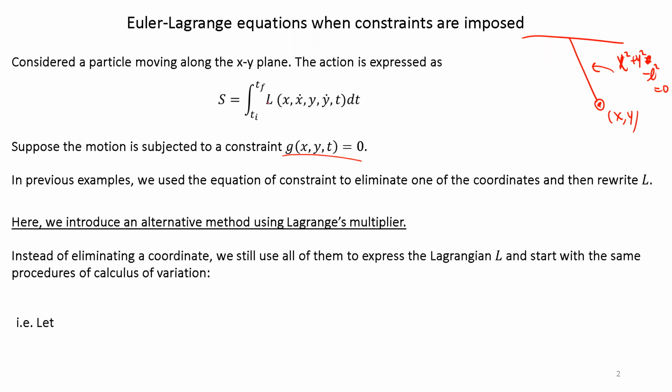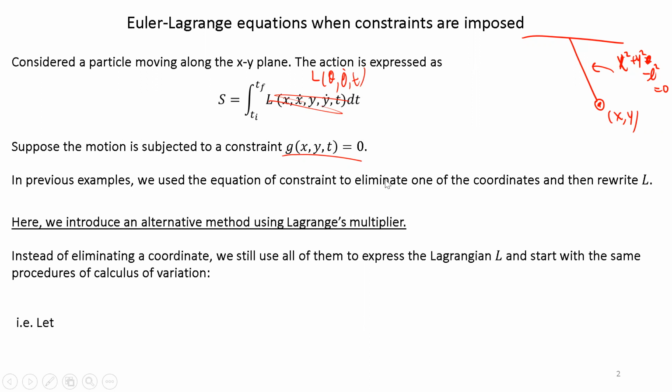Instead of writing this Lagrangian in x and y, we write it as L of theta, theta dot. So that's how we did it before. We look at the problem, consider the constraints, and use the minimum number of generalized coordinates, usually the most convenient set of coordinates to express the Lagrangian, and start from there.